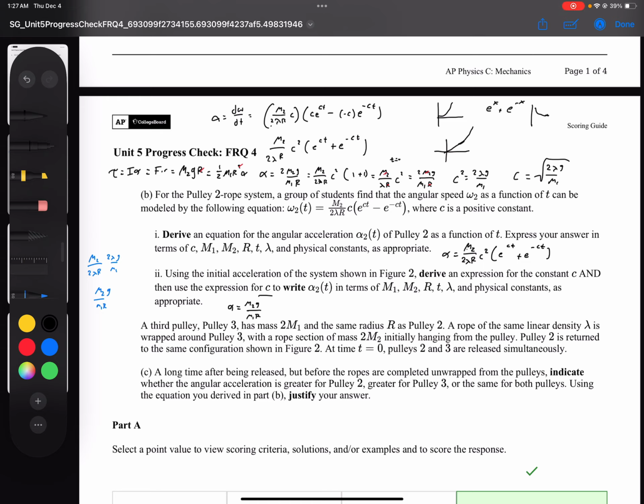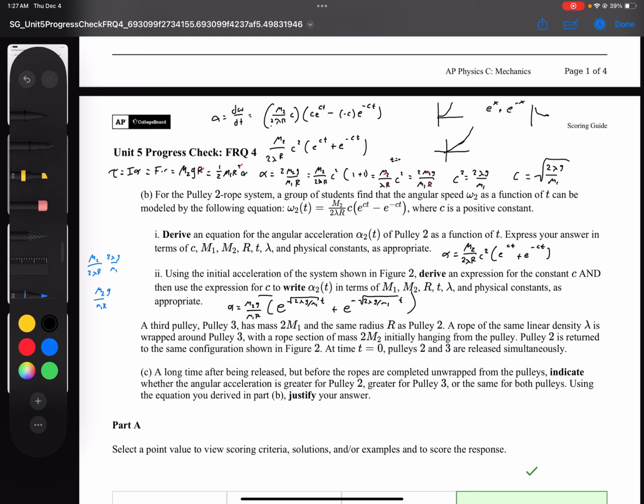That's now this coefficient, where we figured out what c squared has to be, times the exponential terms. So now I have e raised to the square root, there's not much space here, of 2 lambda g over m1 times t, plus e to the negative square root of 2 lambda g over m1 times t. All right, there we go.